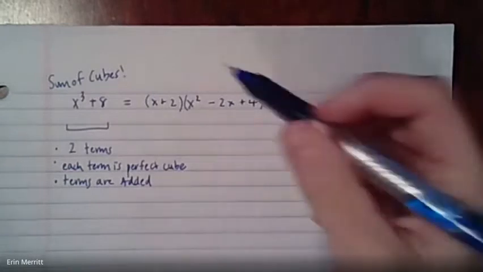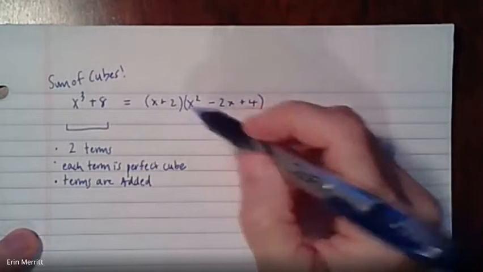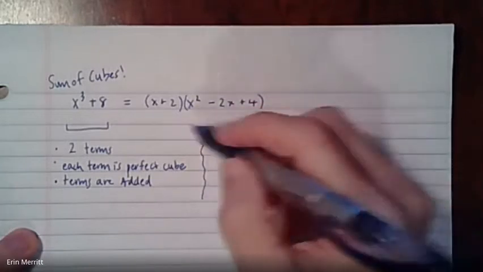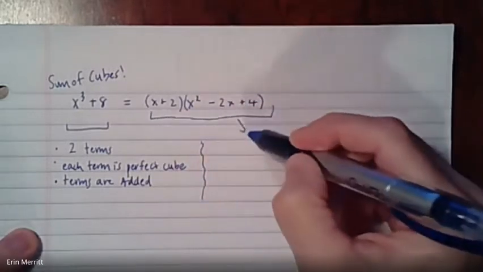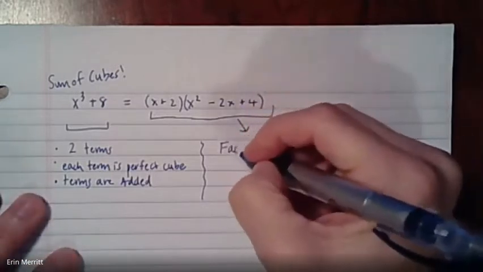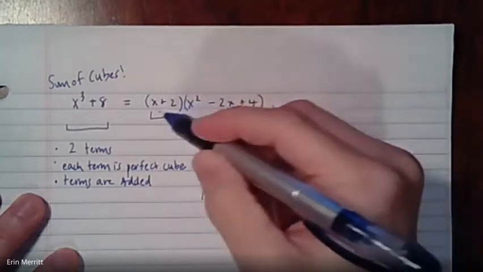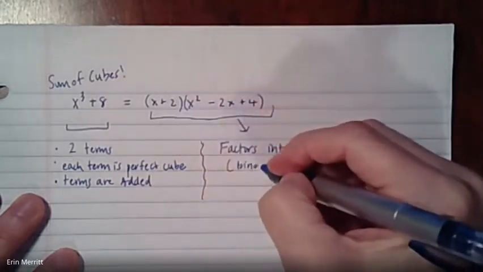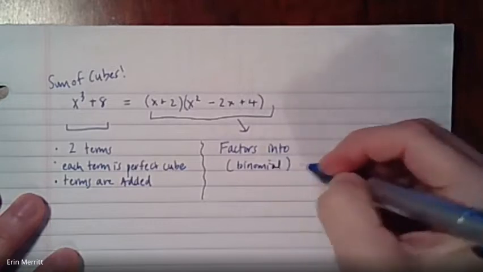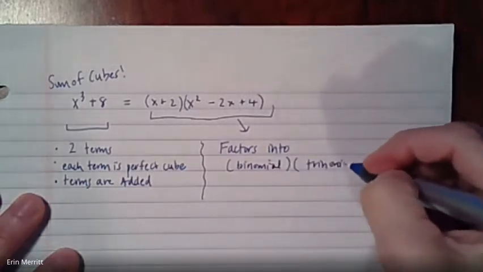All right. So what's presenting itself over here? Well, let's look at the second piece of it. All right. So I'm going to kind of break this up. For the second part, I'll put a little arrow over here. Right. It factors into the first part is a binomial, just meaning two terms, and then times a trinomial.